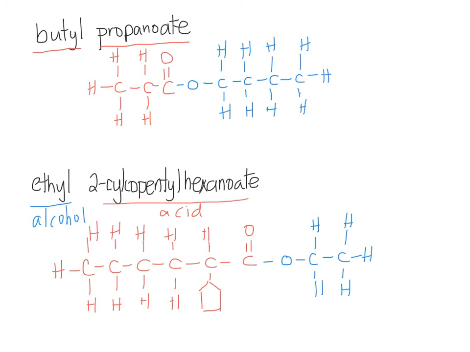And there we go, there's ethyl 2-cyclopentyl hexanoate. So just remember, the very first prefix comes from the alcohol. Any other prefix is attached to the carbon chain that came from the acid.